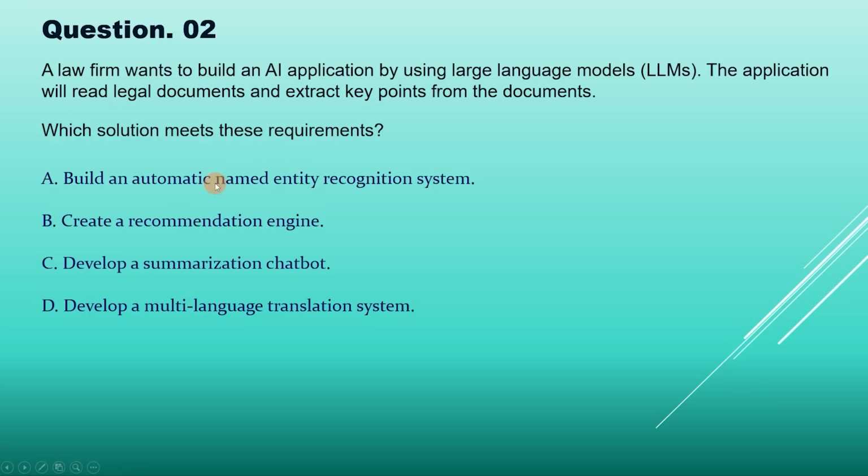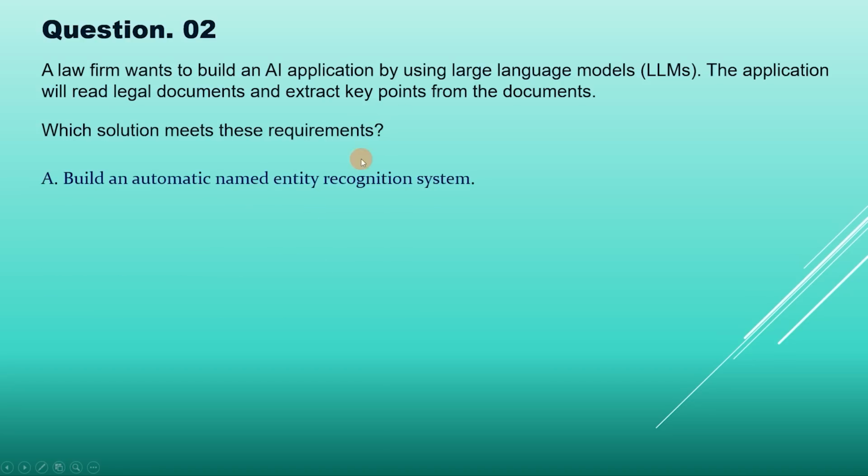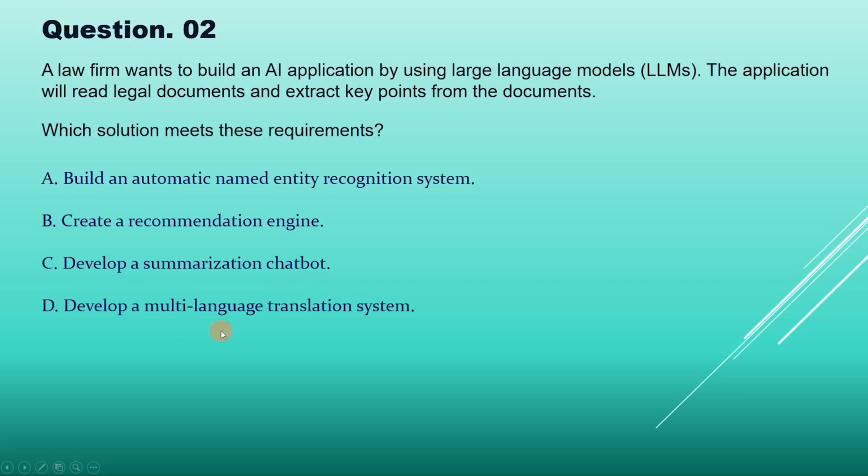So here are the options: build an automatic named entity recognition system, create a recommendation engine, develop a summarization chatbot, develop a multi-language translation system. So these are the options. Try to guess the correct answer here.